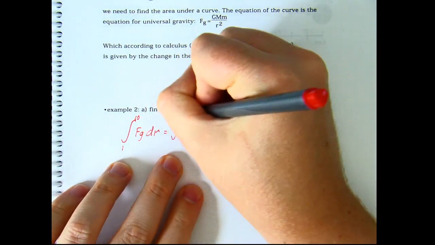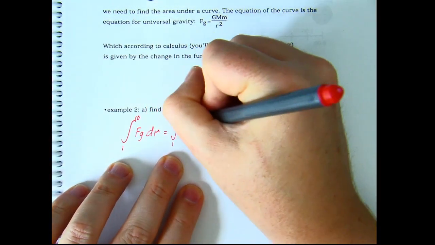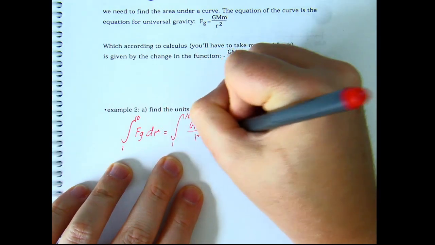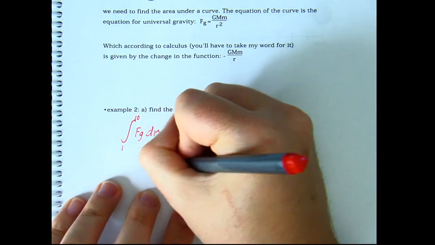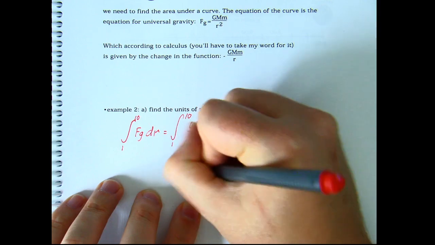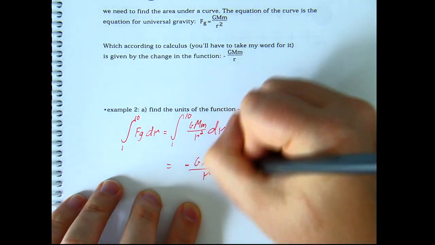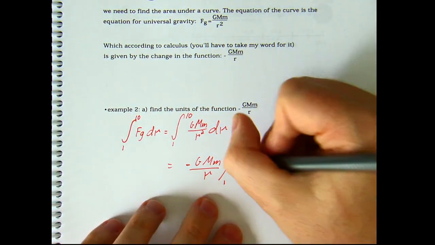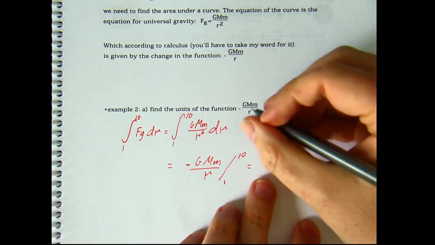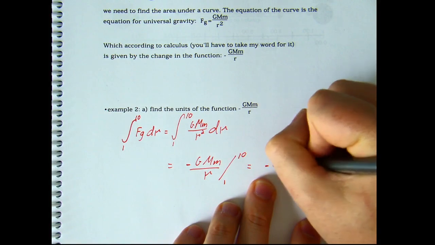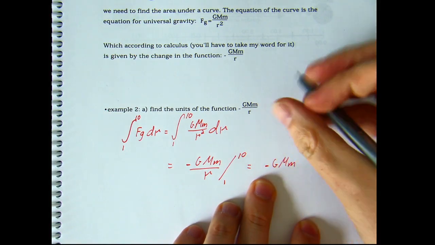So we're going to integrate from 1 to 10 of G big M little m over r squared dr. The way this integral works is that we're going to get negative GMm over r evaluated from 1 to 10. So we're going to get negative GMm, which we already established was 100.